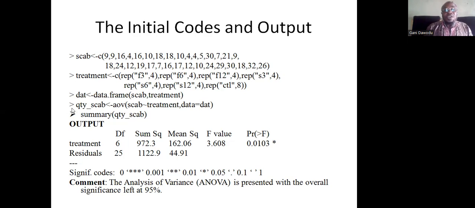Now, this command is to tell R to create an analysis of variance and to model scab by treatment. That will give you this, showing that indeed at 5%, that's significant.